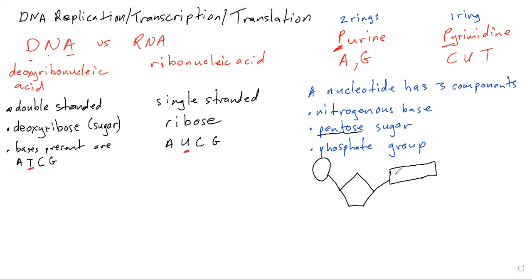What is the five-sided shape called? We have three things: nitrogenous base, pentose sugar, and phosphate group. So the sugar in the middle here is the pentose sugar.